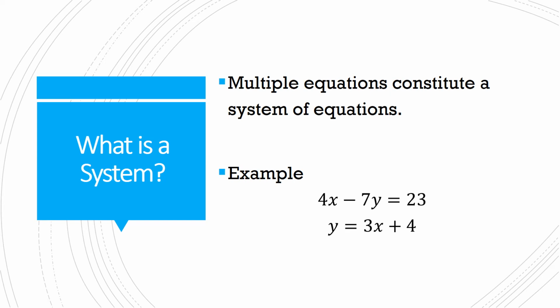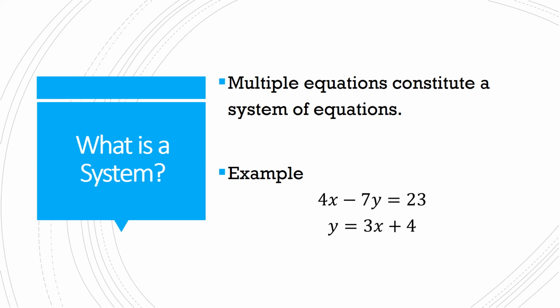In fact, anytime we have multiple equations together, it is a system of equations. For example, I could have taken the first two linear equations from my previous slide, and those two together as a unit constitute a system of linear equations.